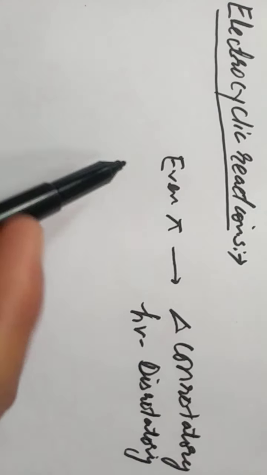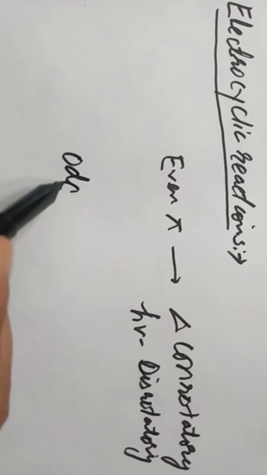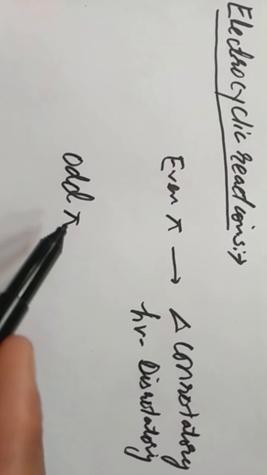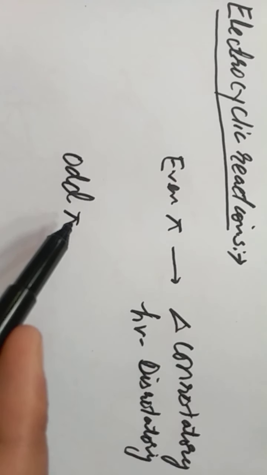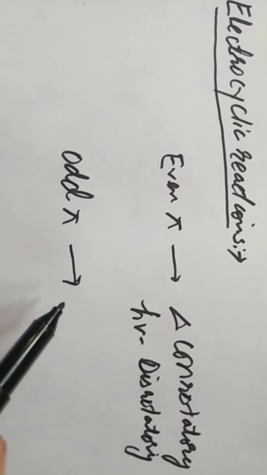Right? If there are an odd number of conjugated pi bonds, then what happens?